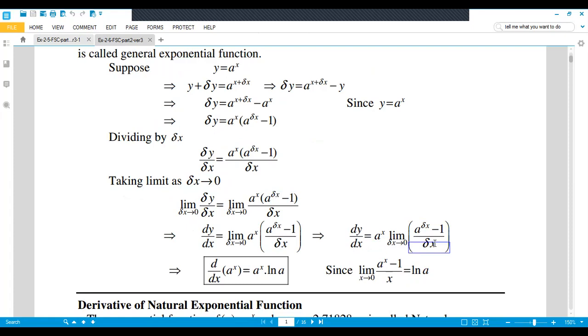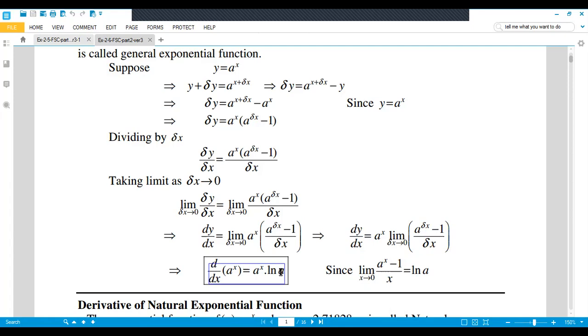This is equal to natural log of a. How? Because we use this limit here: limit x approaches 0, a power x minus 1 divided by x, is equal to natural log of a. Similarly, a power delta x minus 1 divided by delta x is equal to natural log of a.